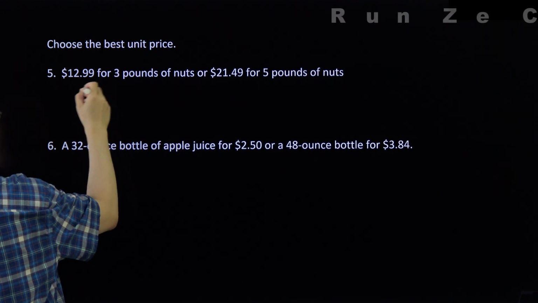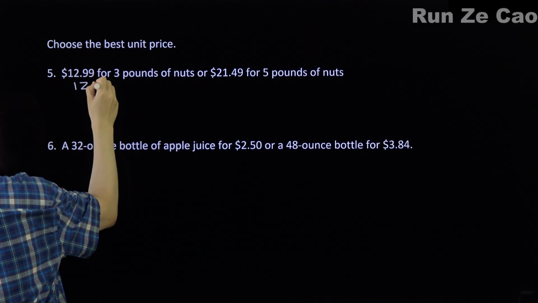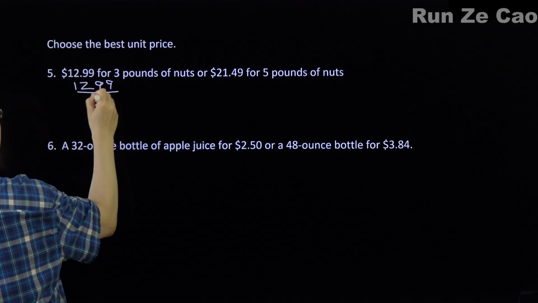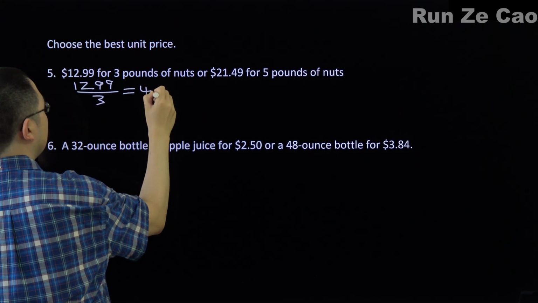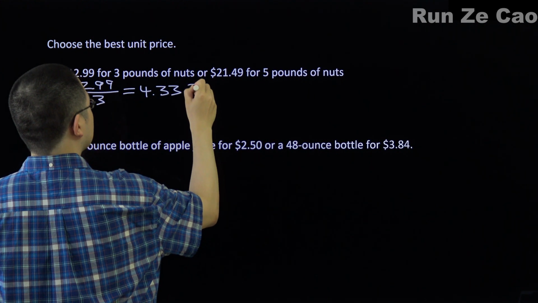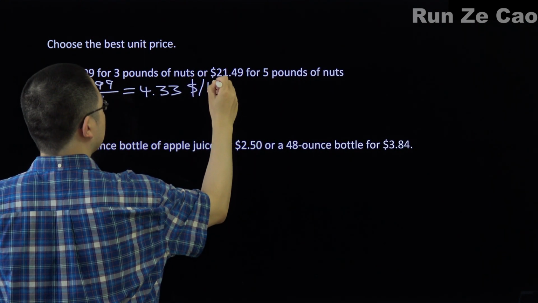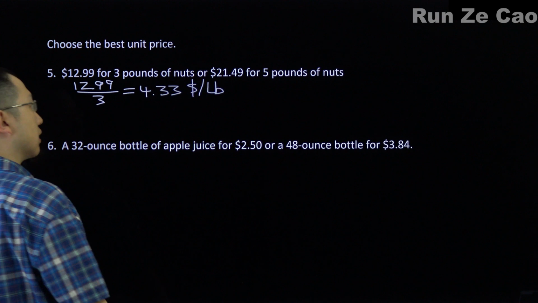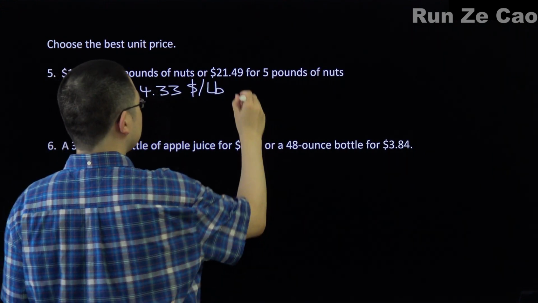But of course, if we want to math it out, it goes $12.99 divided by 3 is equal to 4.33 dollars per pound. LB is short for pound.